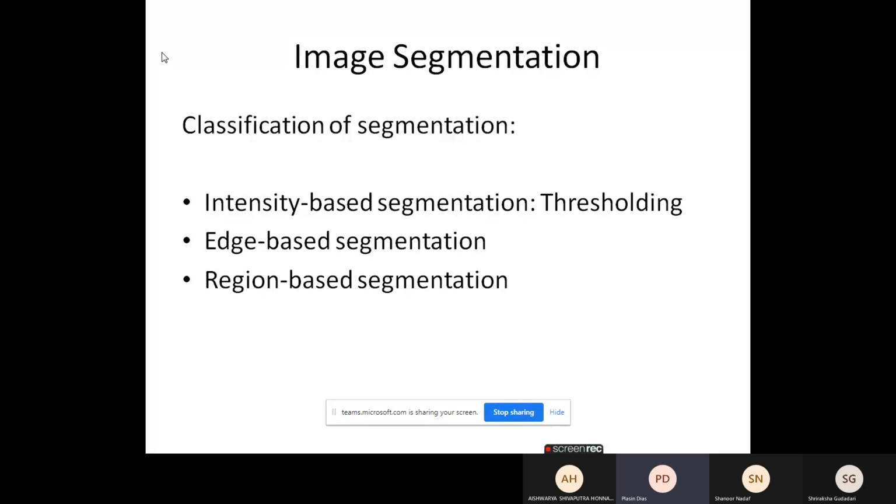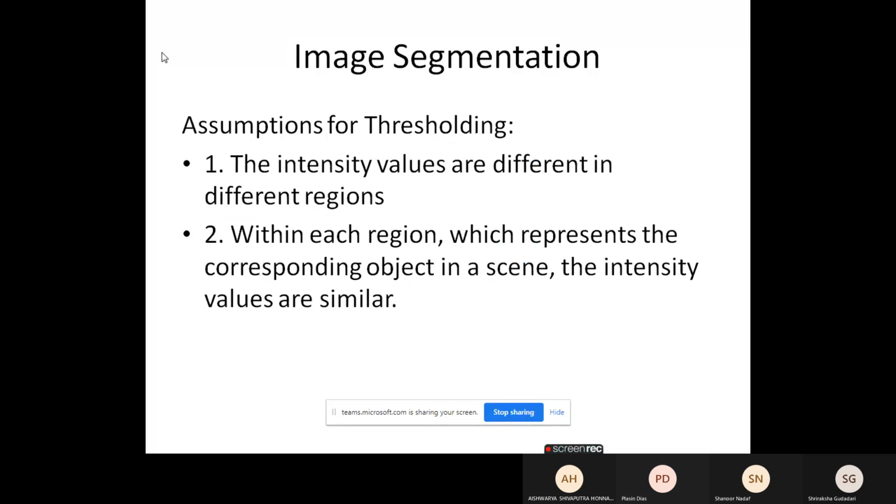Since we are revising the previous class content, let us go ahead with the thresholding aspect first, then we'll come back to region based, and then some points on edge based segmentation will be discussed. There were two assumptions that we had seen for thresholding.